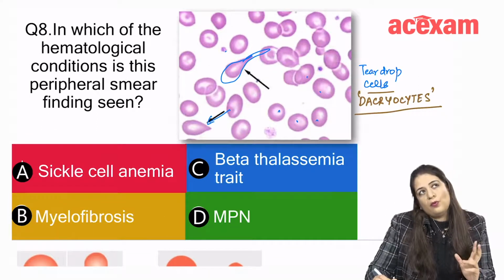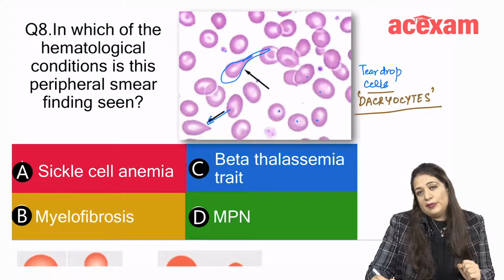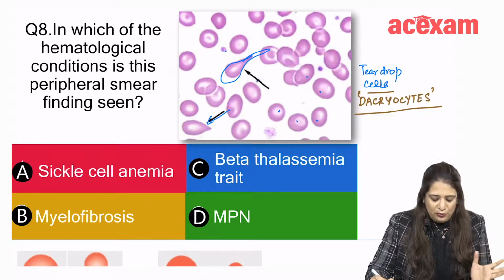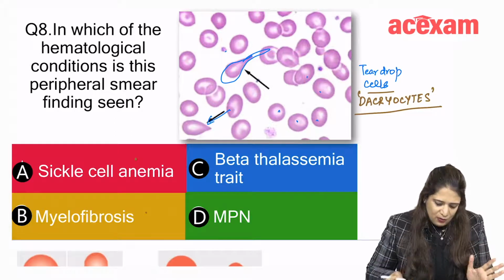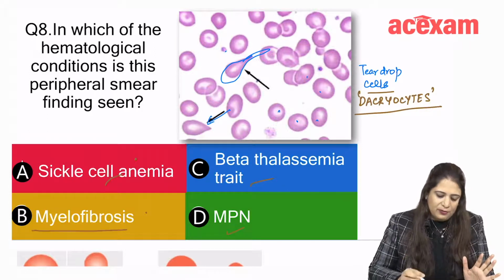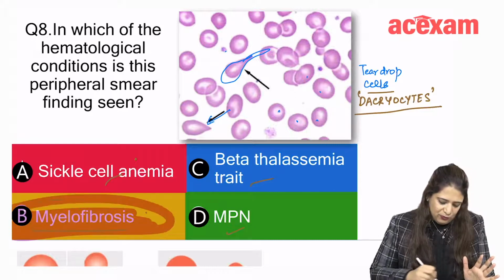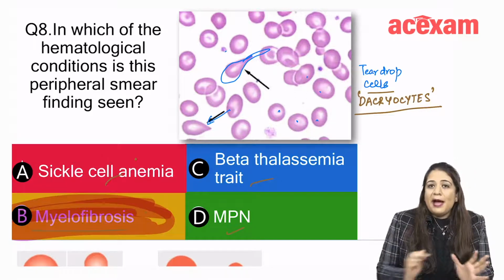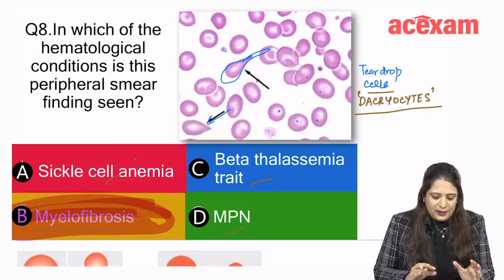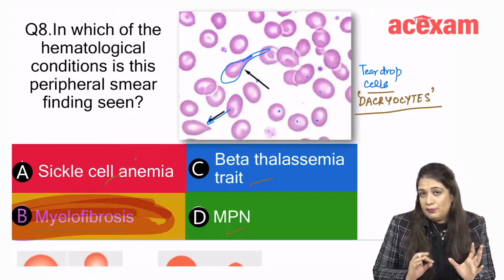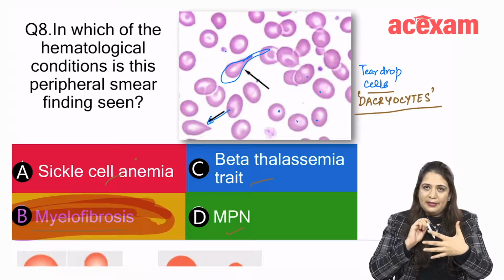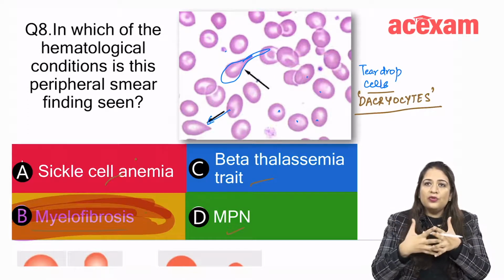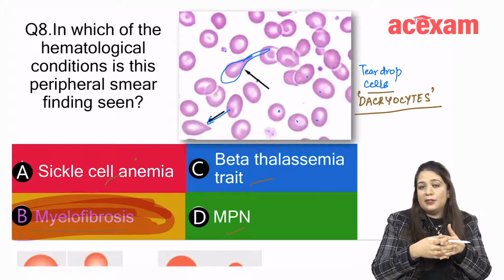But if you know why they are seen in the peripheral smear, it would be very easy for you to identify the cause. So the answer to this question, if you look at these options, sickle cell anemia, beta thal trait, myeloproliferative neoplasms, or myelofibrosis, is myelofibrosis. And myelo is what? Myelo is bone marrow, right? And if there is fibrosis in the bone marrow, this fibrosis would not let the RBCs which are being formed come out of its fibrotic depositions.